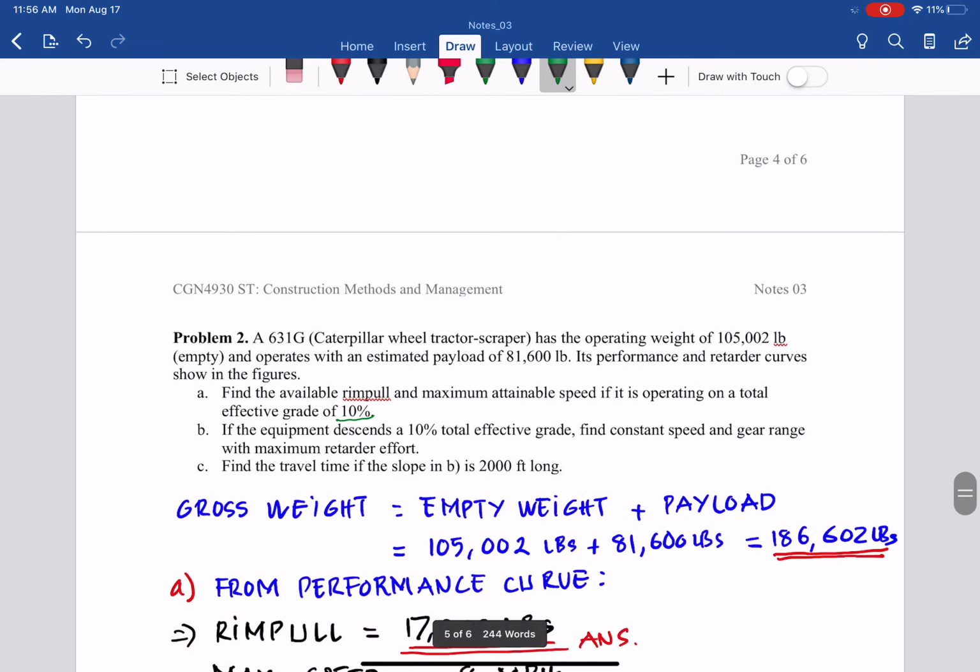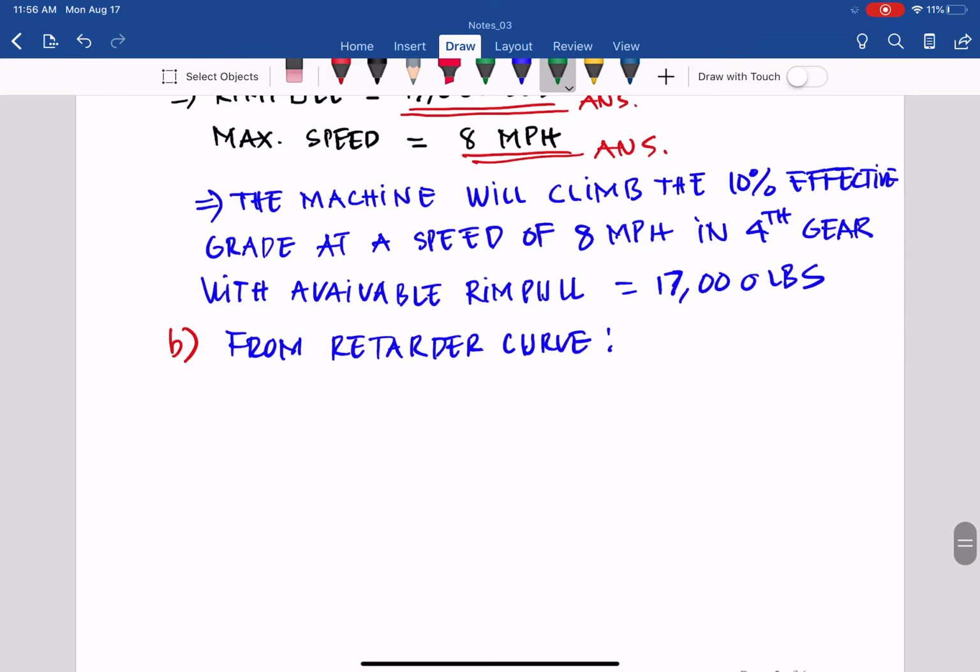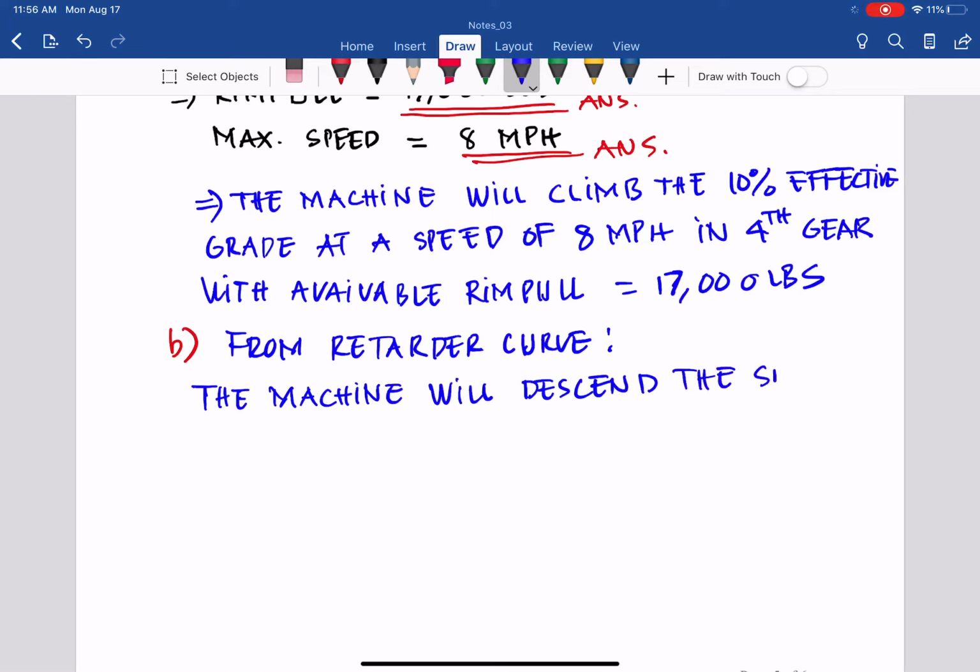So from that, we can have B here from the retarder curve. We have the machine will descend the slope of effective 10% at 13 miles per hour in fifth gear.